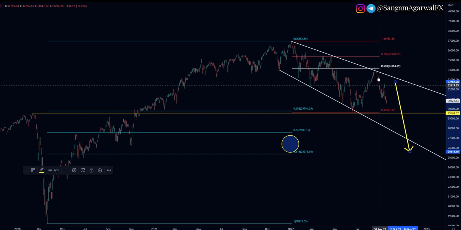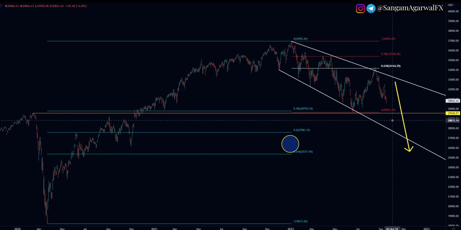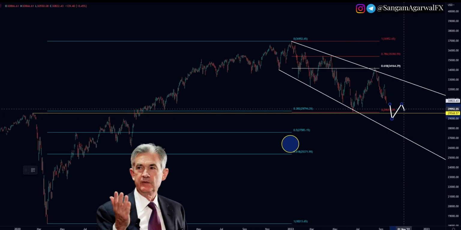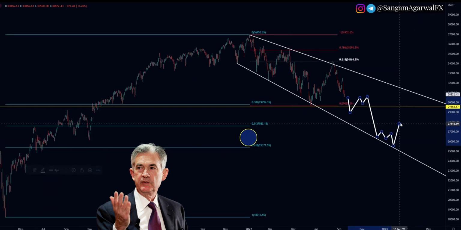So this is the market crash and it is coming, and we are in the middle. So wait for the start of the new quarter, and when the Fed gives a signal for a rate pause, then a signal for a rate cut. But first will be a rate pause, then the market will start making a bottom.